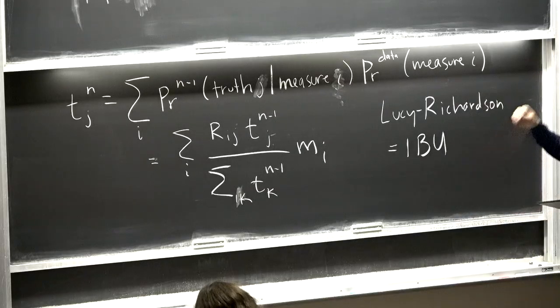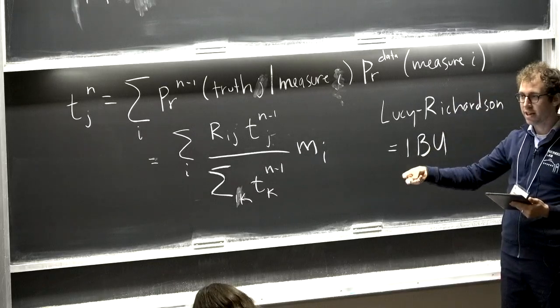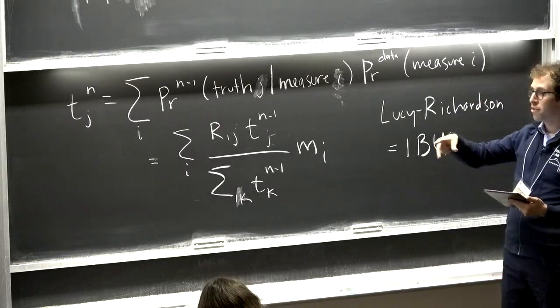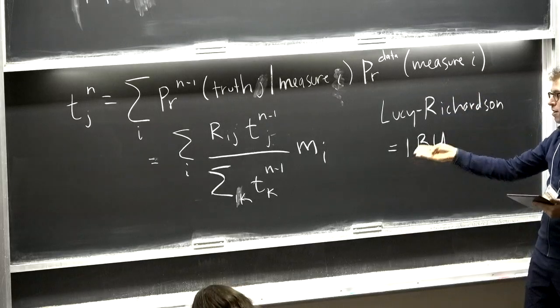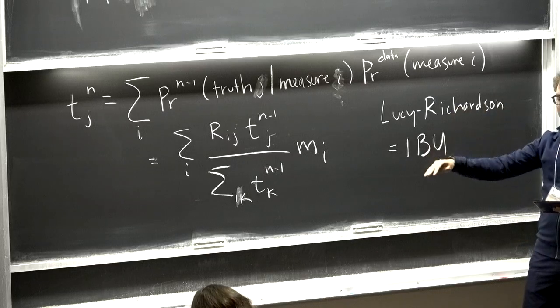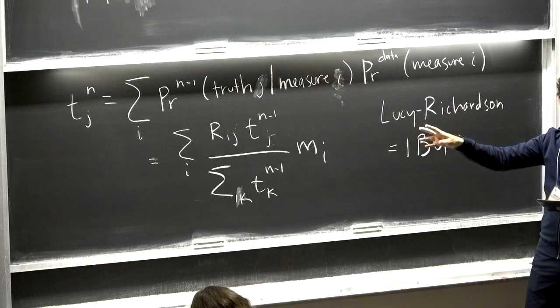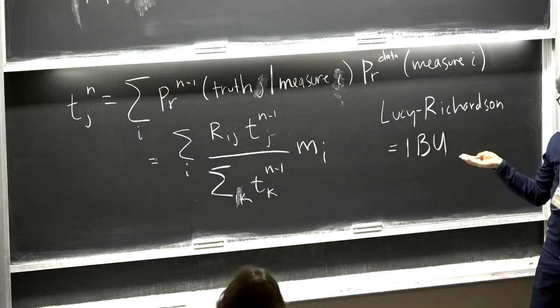This procedure, you can prove, converges to the maximum likelihood estimate. So if you wrote down the likelihood, which is the product of Poissons over all the bins, this procedure, if you run it to infinity, would give you that answer. The reason you don't want that answer is because it has all the horrible problems of matrix inversion. So you stop at some point, usually like 3, 4, 5, something like that.